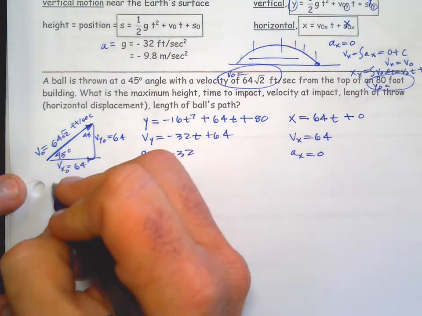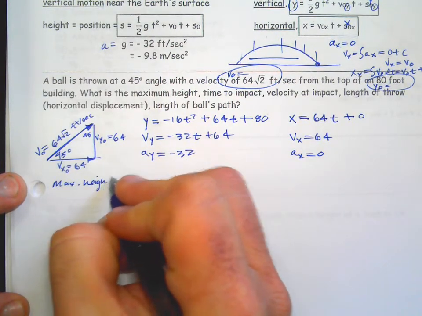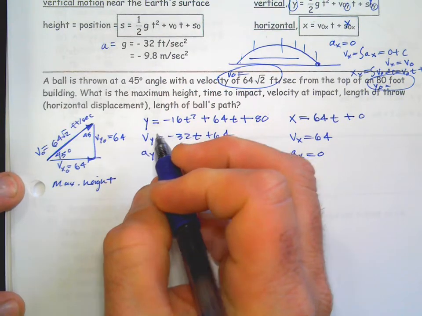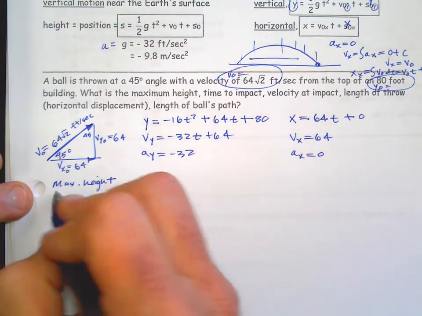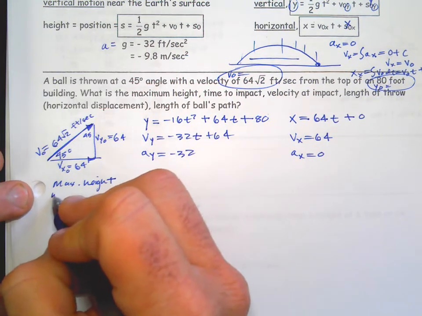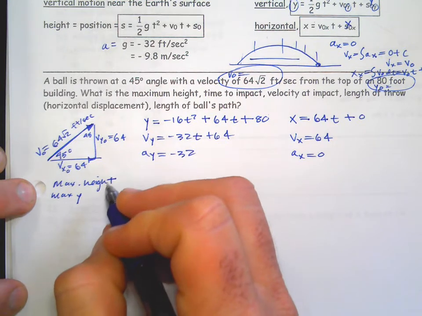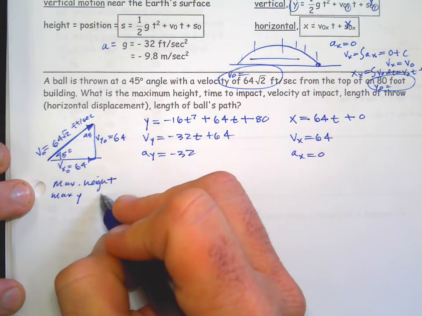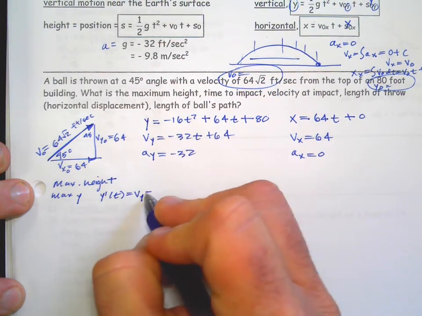So if we're looking for max height, then that means we need to use EVT. And we're looking for max y. So we need to take the derivative, y prime, which is also v sub y, and set it equal to 0.